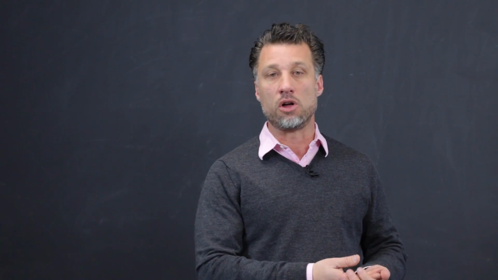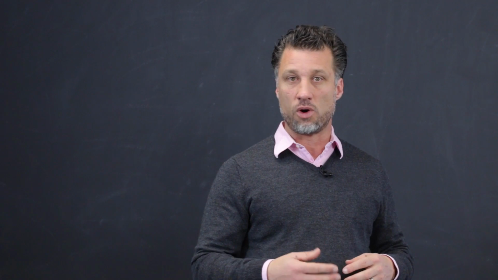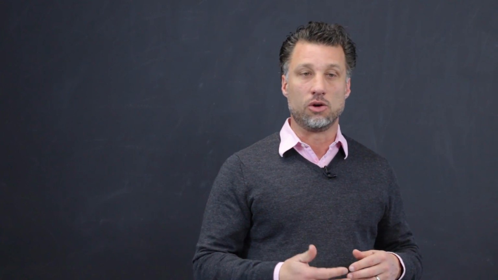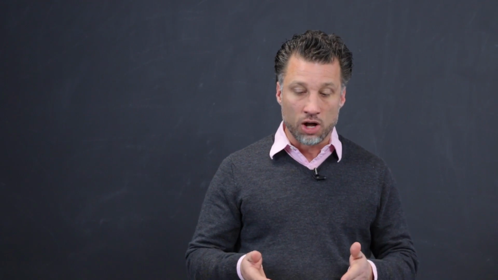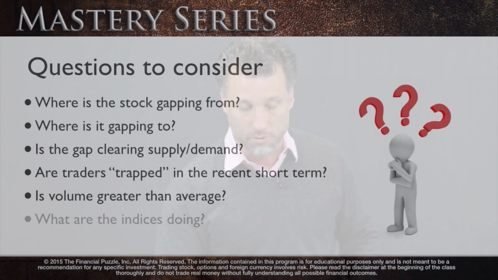We want to participate where the big Wall Street money is participating. So we want adequate volume for the time frame leading up to the gap, so the stock is tradable, in other words, it already has interest in it. But also the day of the gap and even the pre-market of the morning of the gap. Is there significant interest in this stock? Is the volume greater than average?